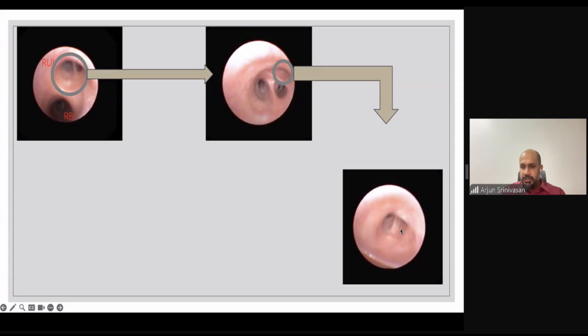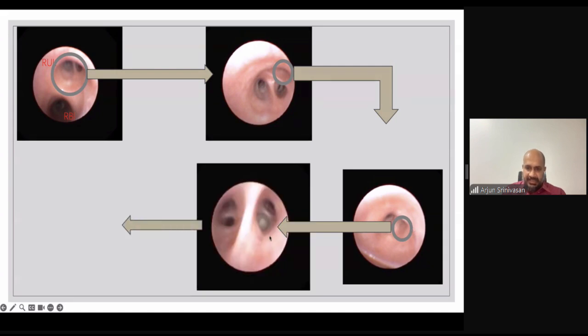This is the apical subsegment, and this is the posterior aspect of the apical subsegment. And you can see here that everything else is clean, but you can see a small dot of pus which is there in the posterior aspect of the apical subsegment.